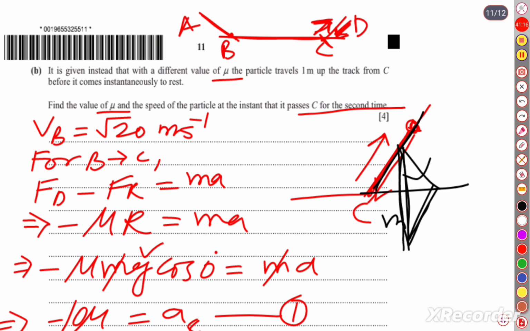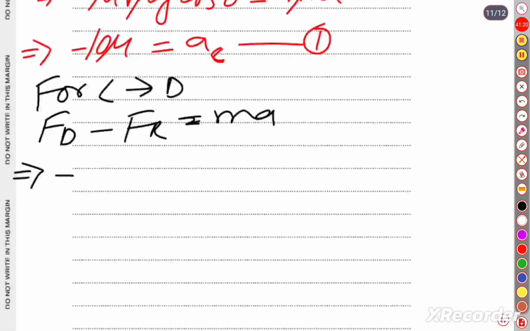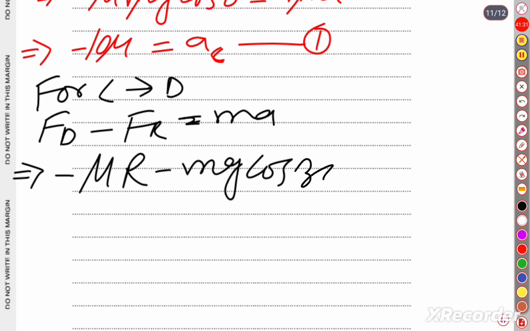Weight is also pulling down while it is moving up. So the first one is mu R, another one is the weight component, mg cos 30 degree is equal to ma, and R is the normal reaction actually.